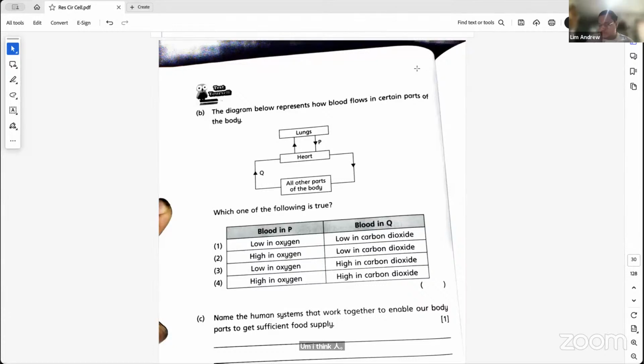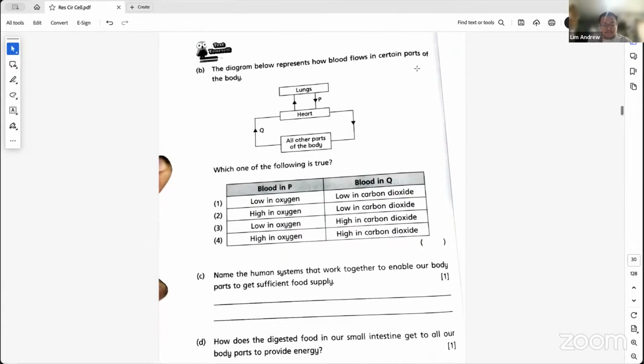The answer is actually 4. Because the blood that flows from the lungs to the heart is rich in oxygen, whereas the blood that flows from the other parts of the body back to the heart is rich in carbon dioxide. So you got the answer correct. Thanks very much. Next question.